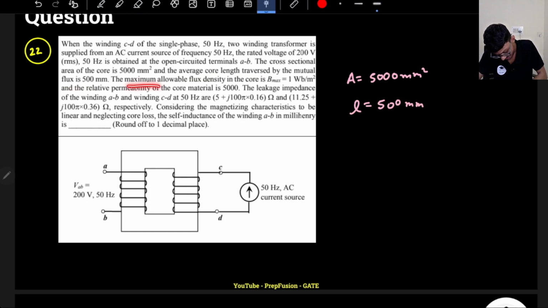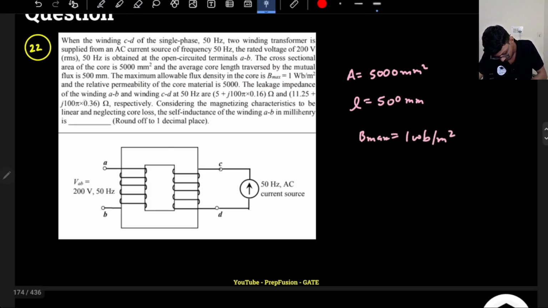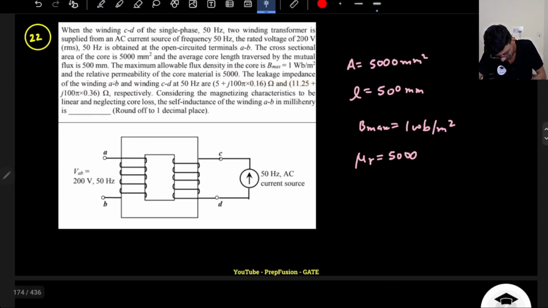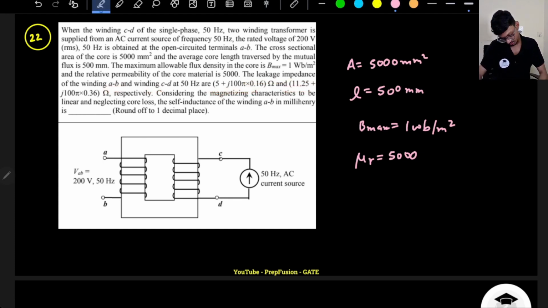Then the maximum allowable flux density in the core, B max, is 1 Weber per meter square. The relative permeability of the core is 5000, so mu r is 5000. Now the leakage impedance of winding AB and winding CD are given, where the leakage impedance and the winding resistance are combined.